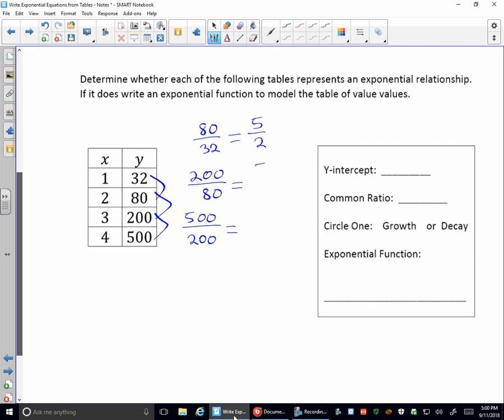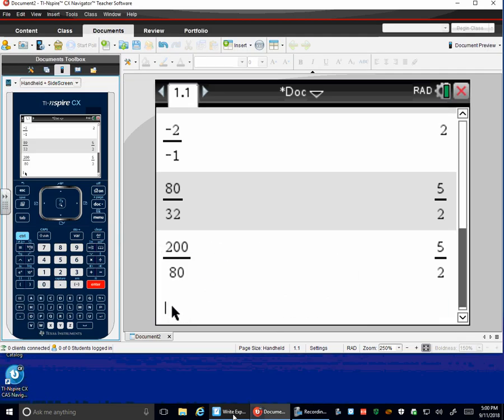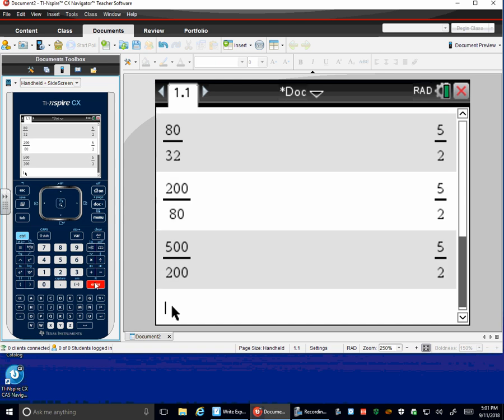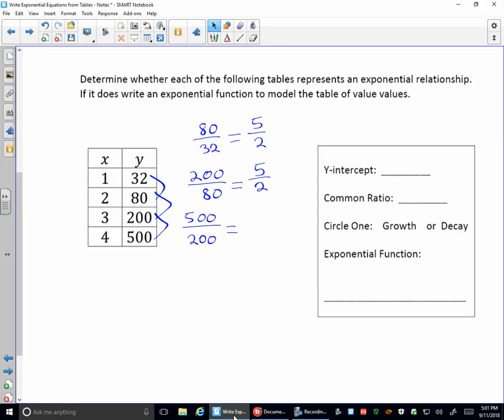Okay, so one more, and we know that this is a common ratio and that it's an exponential relationship. All right, so 500 divided by 200, and we get 5 halves yet again. So 5 halves is our common ratio, and that's our b value.